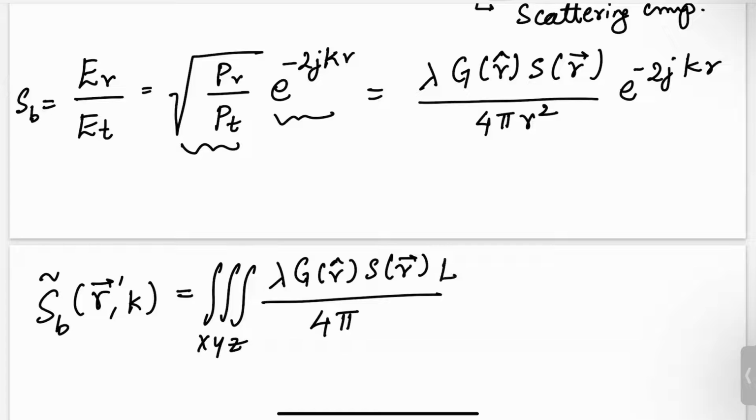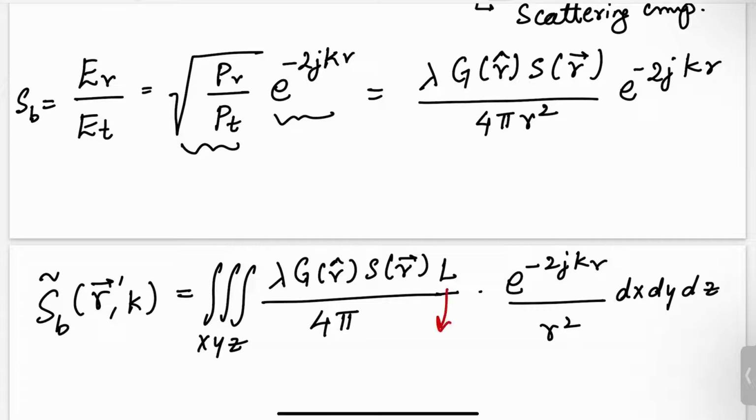I'll also include a term L here. I'll explain what that is. Times e to the minus 2j kr over r square dx dy dz. So this L here is the loss in the system. So we've considered all the losses in the channel, but the system itself has some loss, right?